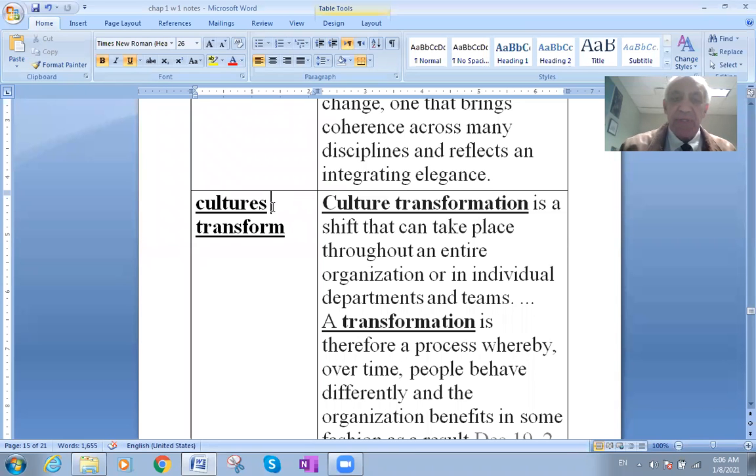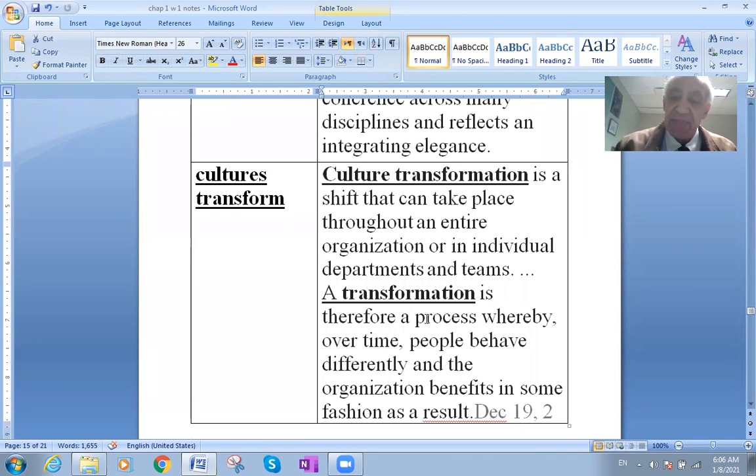Now we'll go to another part which is called culture transformation. Culture transformation is a shift that can take place throughout an entire organization or among individuals, departments and teams. Transformation means changing, switching.